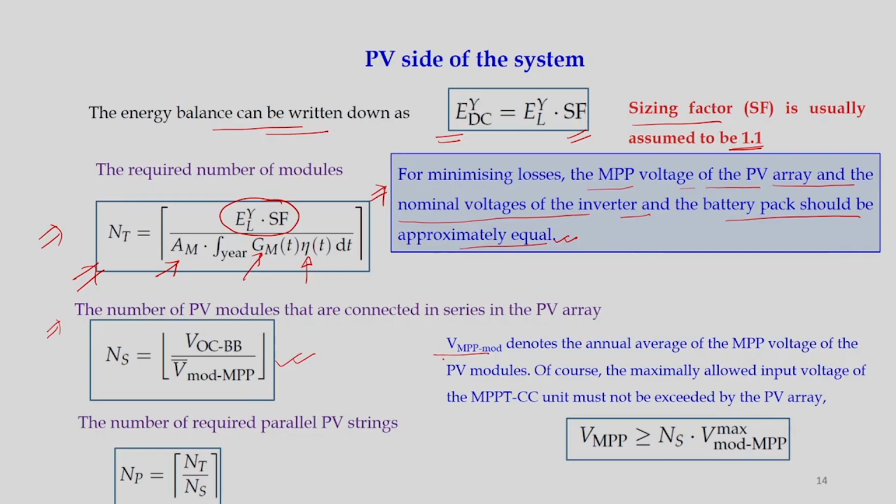V MPP mode denotes the annual average of the maximum power point voltage of the PV module. Of course, the maximally allowed input voltage of the MPPT solar controller unit must not be exceeded by this PV array. So, this condition has to be met, right.